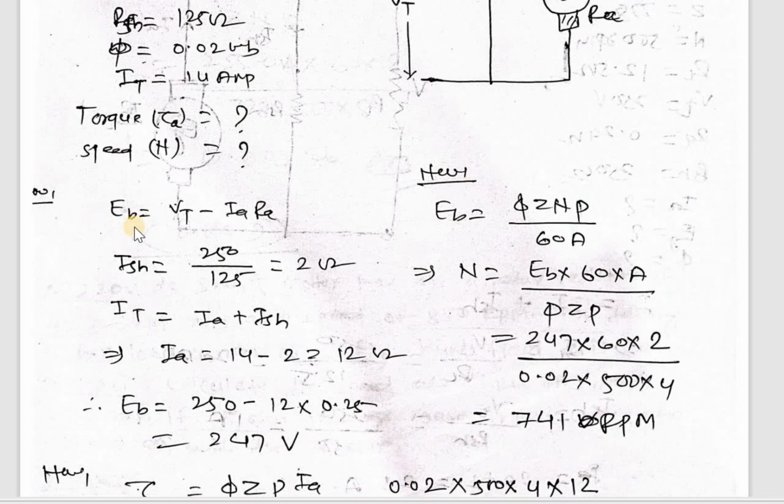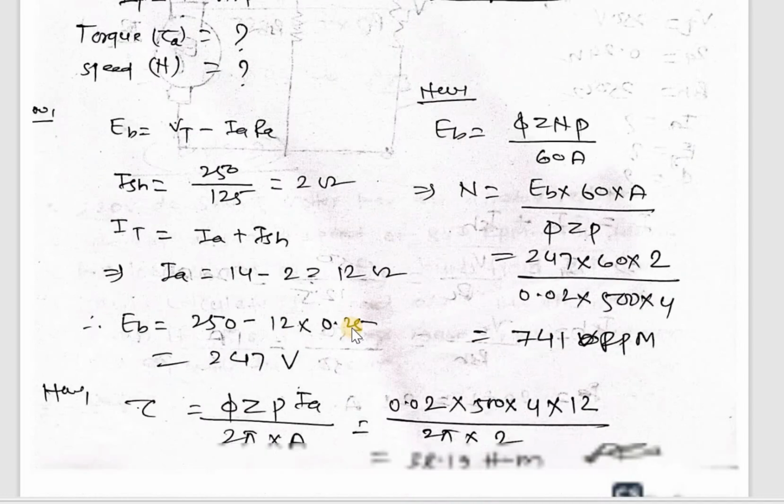We know Eb equal to Vt minus IaRa, so Ish equal to Vt upon Rsh, then you can get 2, and It equal to Ia plus Ish. So Ia equal to 14 minus Ish, that is 14 minus 2, that is 12.